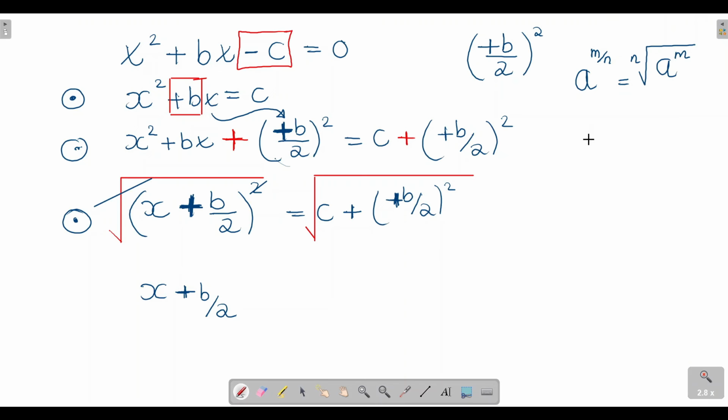For example, if I give you a to the power of 2 is equal to 4, and I said solve this equation, find out what a is equal to.